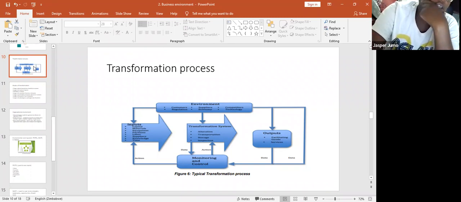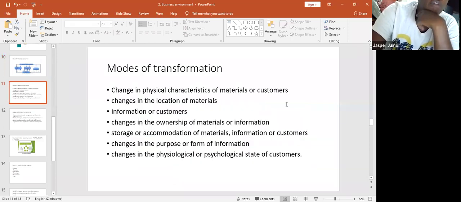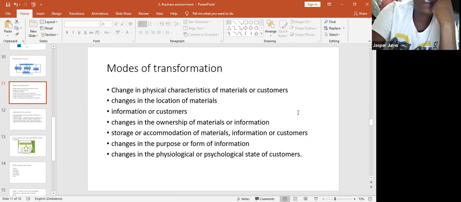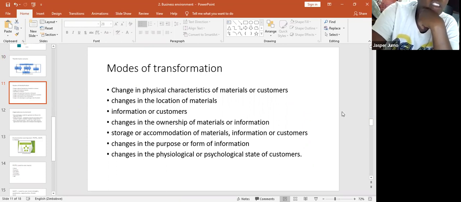So let's look at the modes of transformation. There are different modes of transformation. Like I said, transformation is not always about getting some tangible goods and putting them through a certain process and coming out with output.